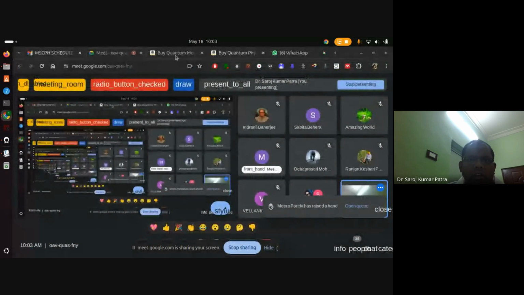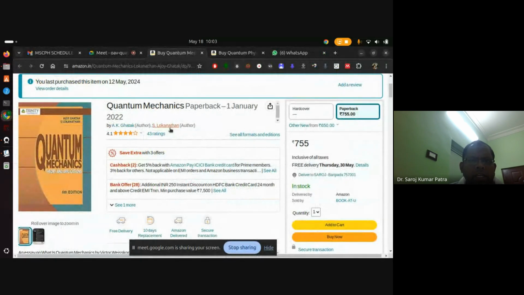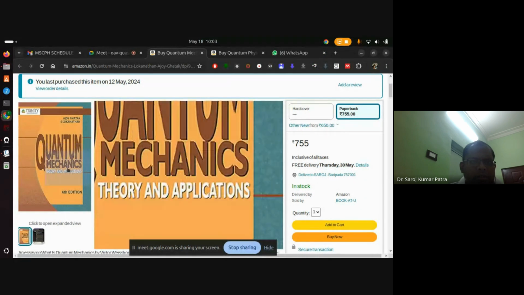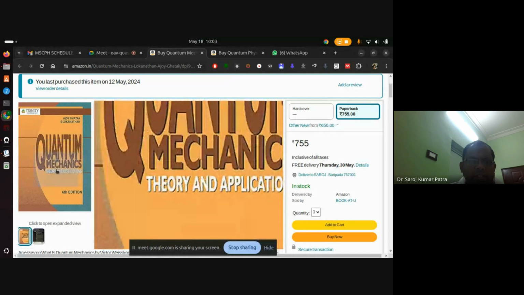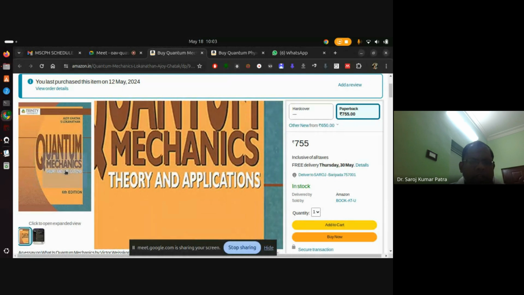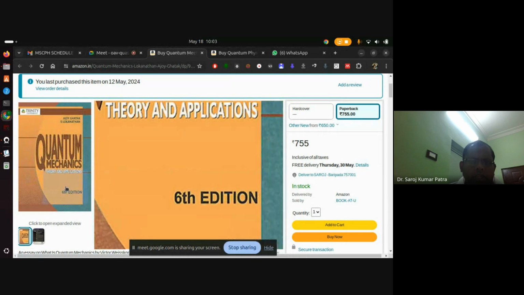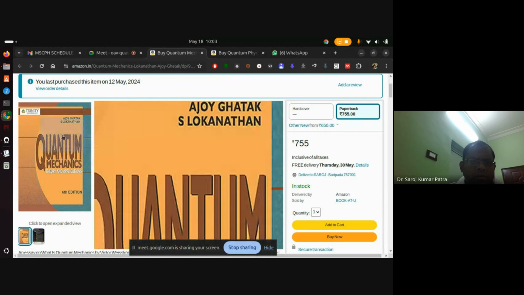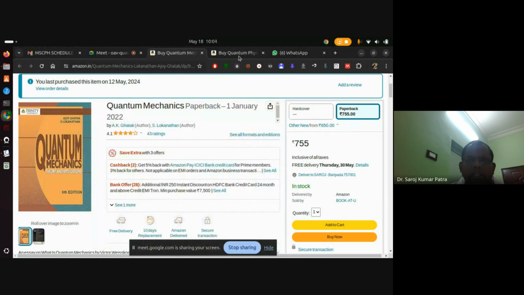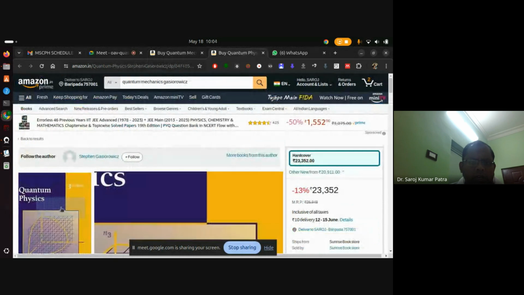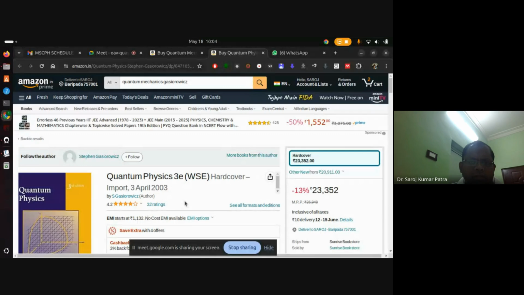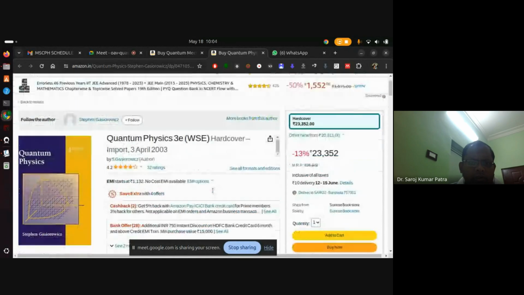One book is by Ajoy Ghatak and Loknathan, Quantum Mechanics: Theory and Applications. This is a good one for better understanding, and it has a bit of worked out examples as well. The next one would be Quantum Physics by Stephen Gasiorowicz. This is also a very good book, especially for all these discussions on quantum 2.